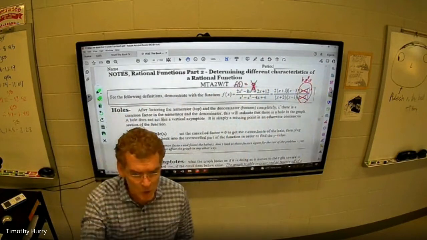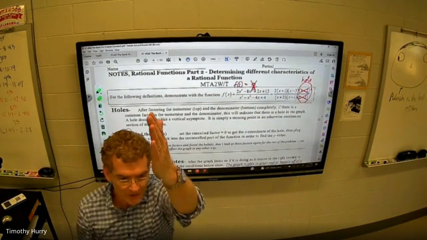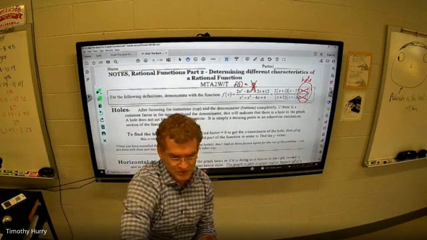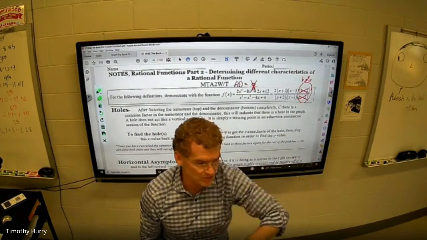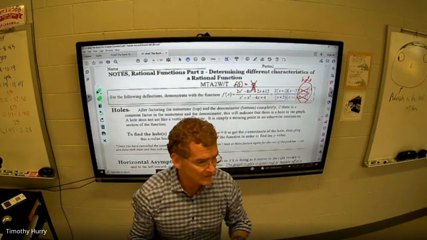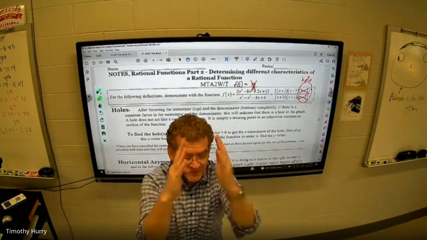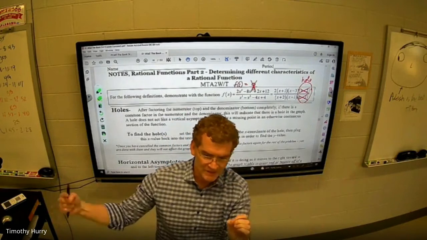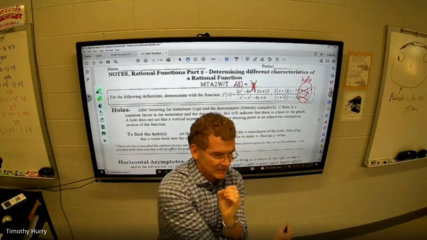Now again, a hole in the graph is different from a VA. A vertical asymptote, as the graph gets closer, it either shoots up or shoots down. And then from the other side, it either shoots up or shoots down. It can't cross it, but it's going to do like that, or maybe like this, or like this. A hole is a point on the graph that it goes in one side, comes out the other.